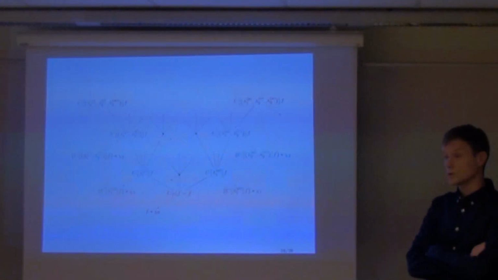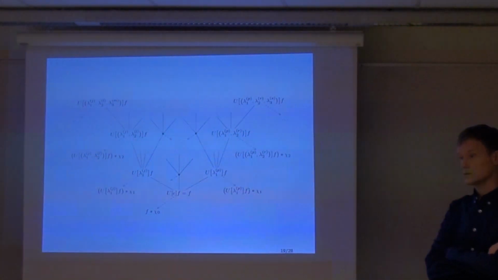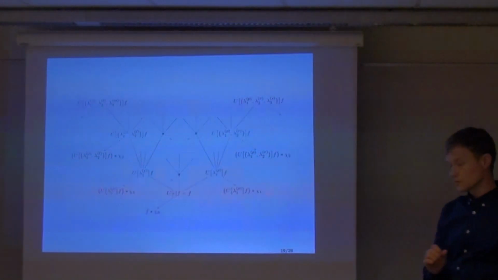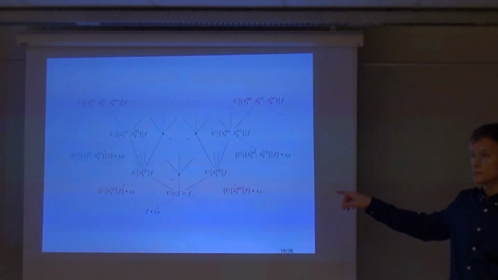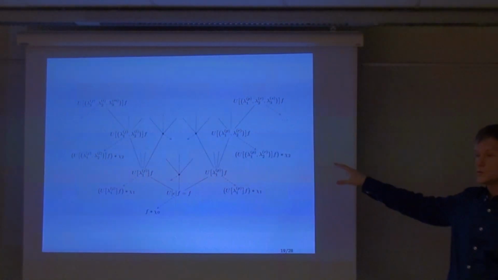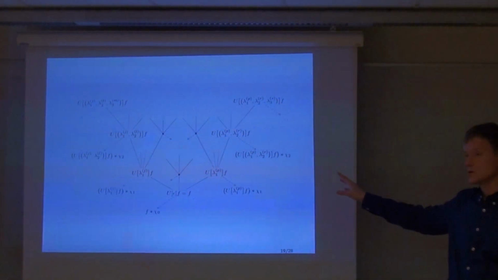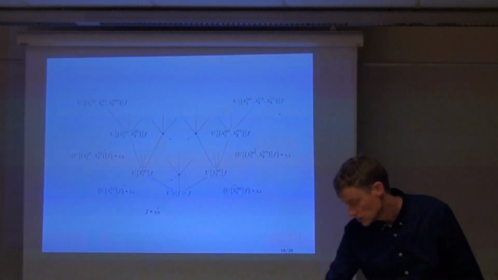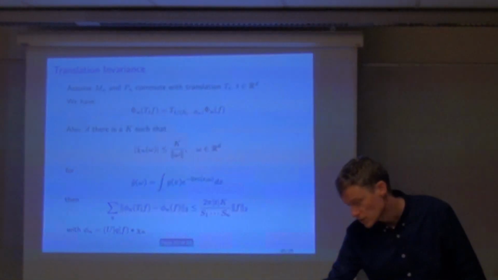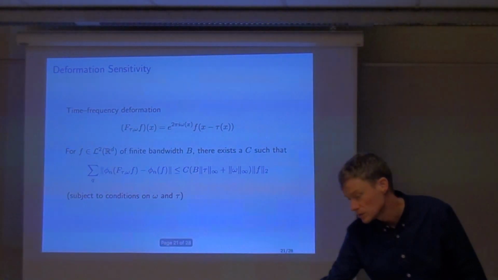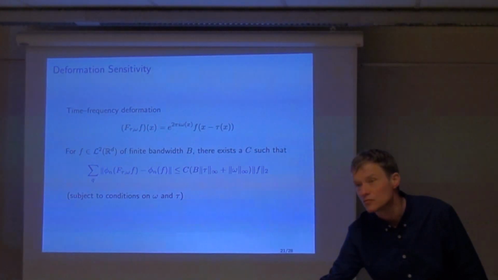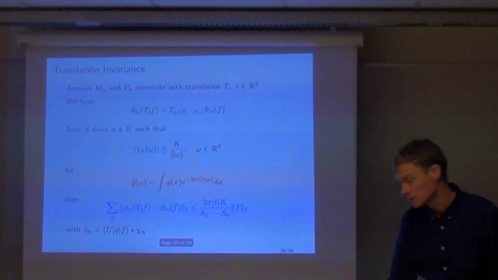Yeah, I guess so. I mean, they could be tight, but right now they haven't assumed that. For the scattering networks, you assumed Parseval frames. Yeah, they haven't assumed that yet, as far as I remember. They are still general. And they have two main results: one on translation invariance and one on deformation sensitivity or invariance. So let's look at them.